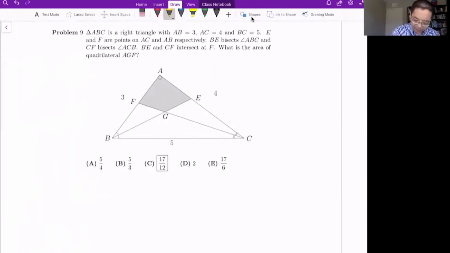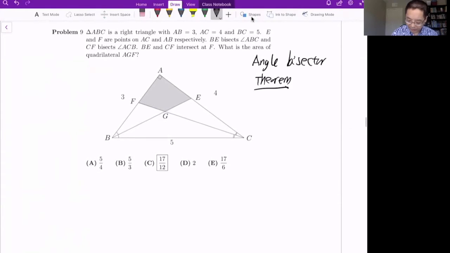So let's recall the angle bisector theorem. The theorem says this: suppose I have a triangle, and we bisect one of the angles. I just label it ABC.